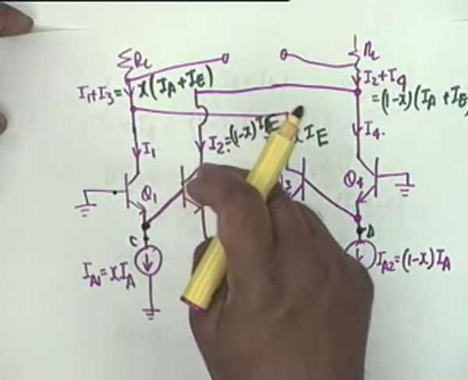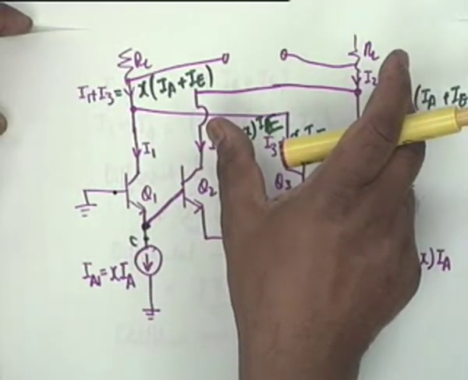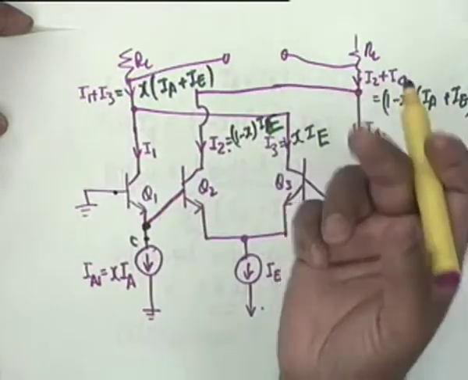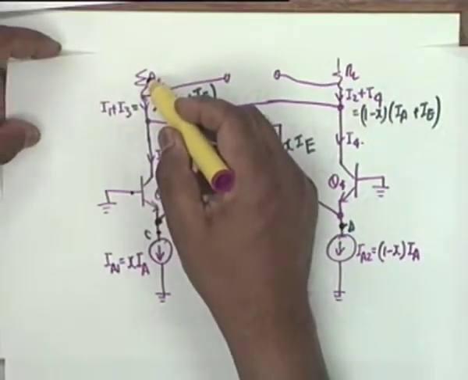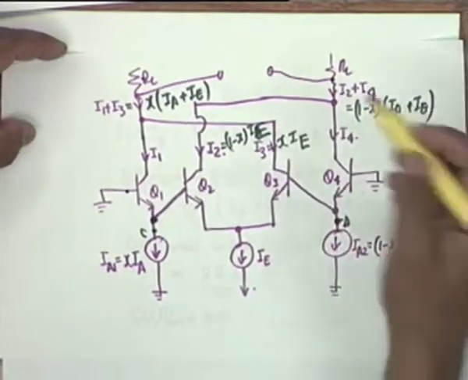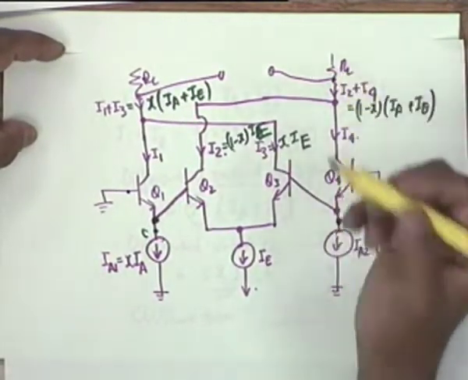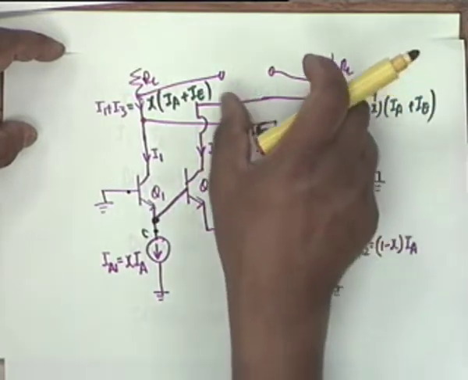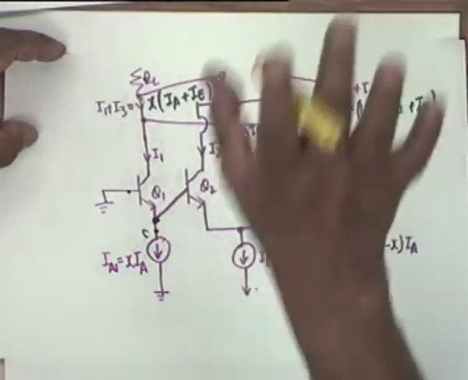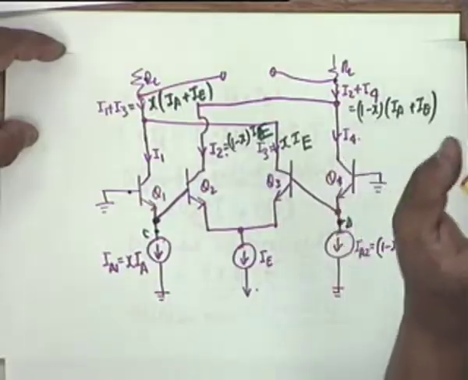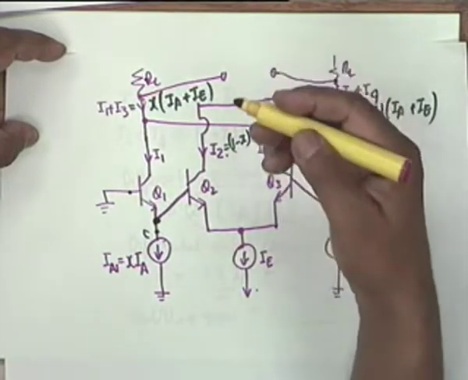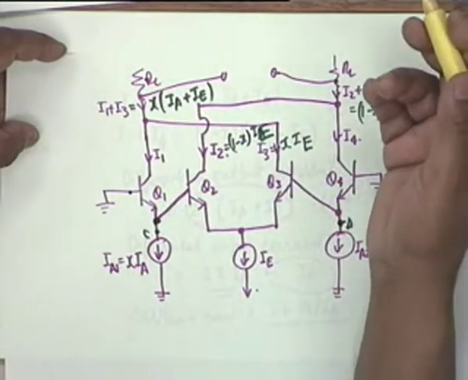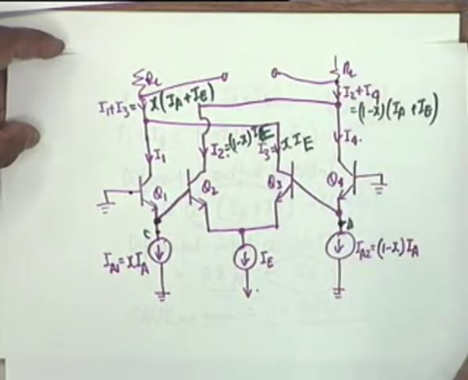So this is a very simple means of current to voltage conversion. The voltage here would be VCC minus I1 plus I3 times RL. The voltage here would be VCC minus I2 plus I4 times RL, and therefore in the difference those DC quantities, that IA plus IE, will cancel out, alright, and therefore you get a voltage which is derived from a current amplifier through a current to voltage conversion.